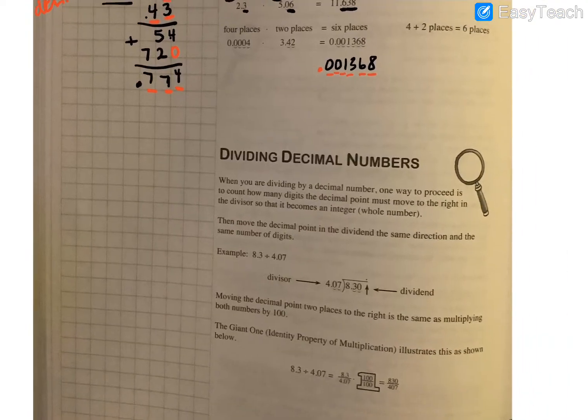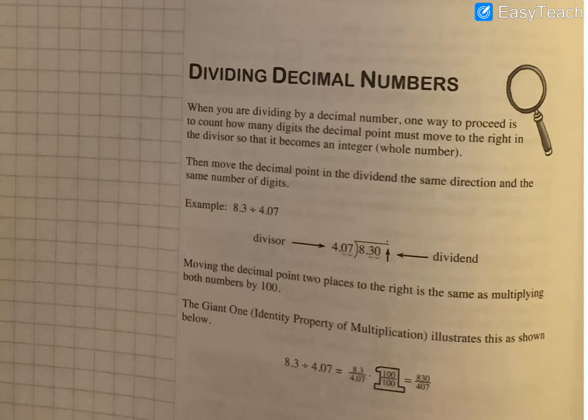So if we look at the example they gave us here, 8.3 divided by 4.07. So basically the idea is that you don't want to have decimals in the divisor or the number that's out here. So basically what they're doing here is just saying, hey, why don't I multiply this by 100?